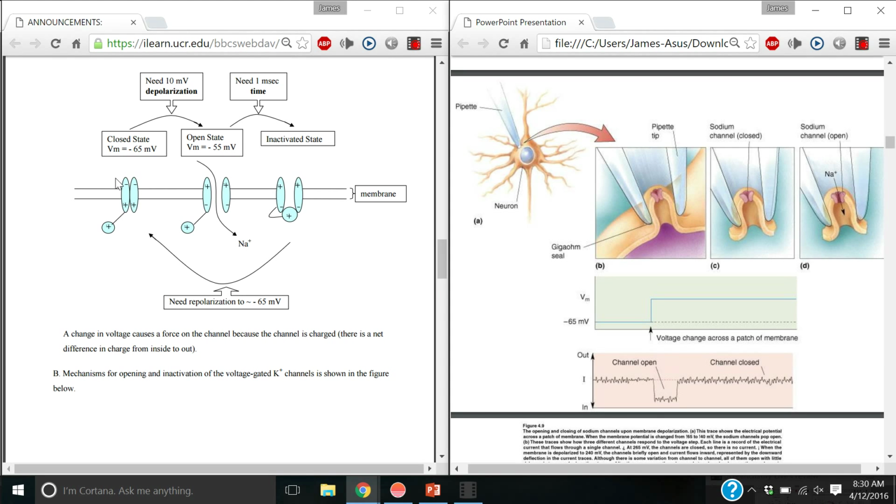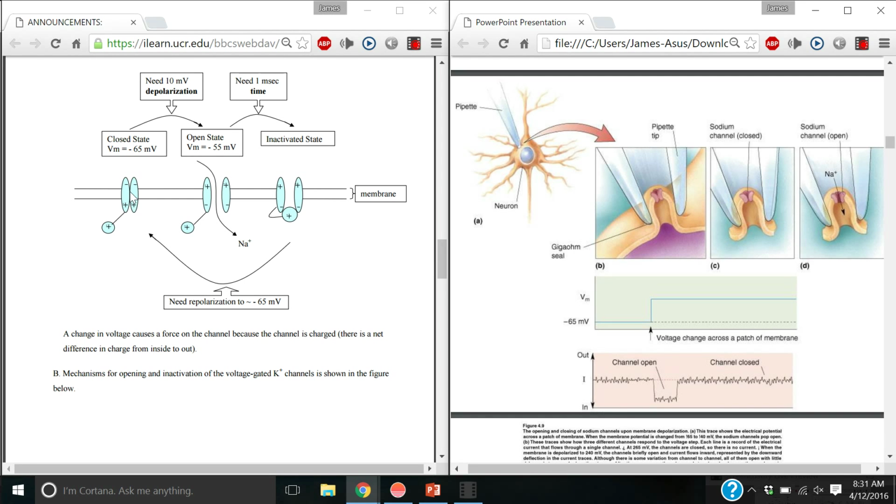And so this transition is happening during the undershoot, during the time that the membrane potential is actually more negative than rest. And it's believed that that is actually one of the functions of the undershoot, to produce this transition of the voltage-gated sodium channels from the inactivated state to the closed state. Okay?